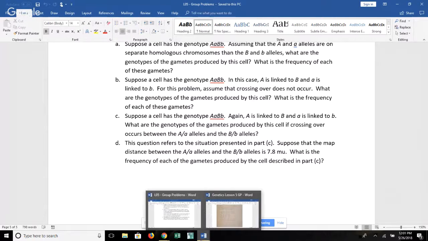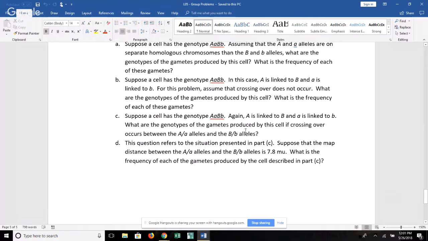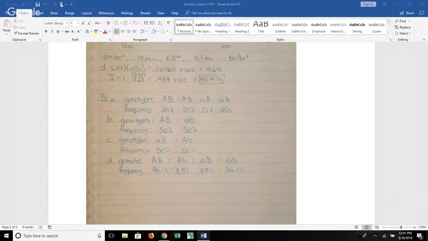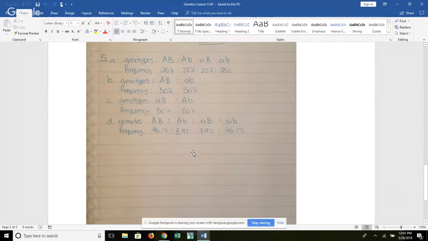So the dominant A is now with the recessive B, and the dominant B is now with the recessive A, because it's saying the crossing over is occurring. So I got it flipped. So recessive A with dominant B, and then dominant A with recessive B. So it's 50-50, because it says that the crossing over is occurring, not that it has a chance to.